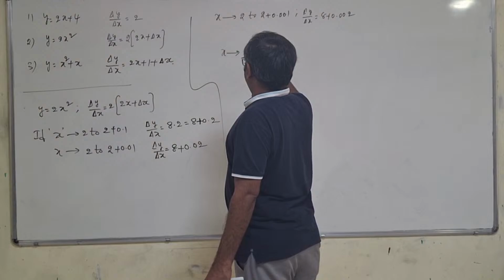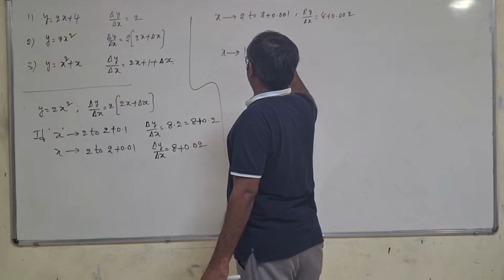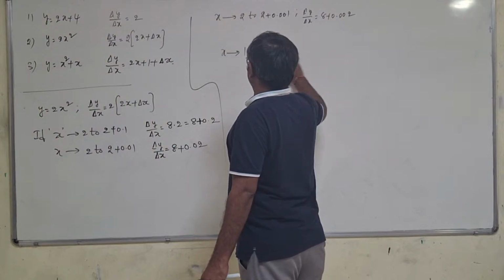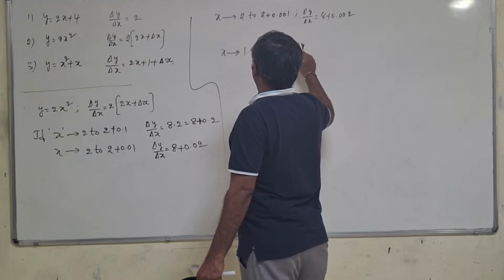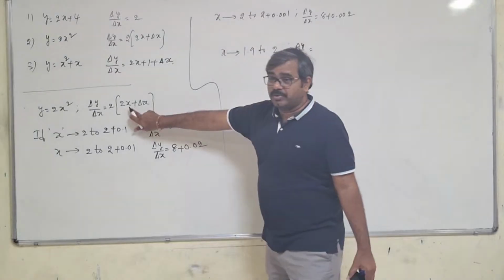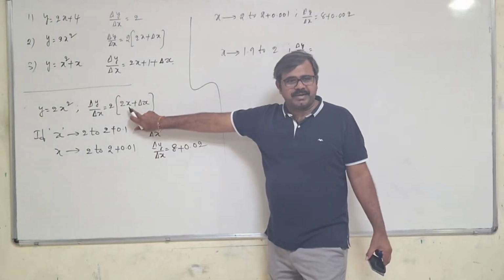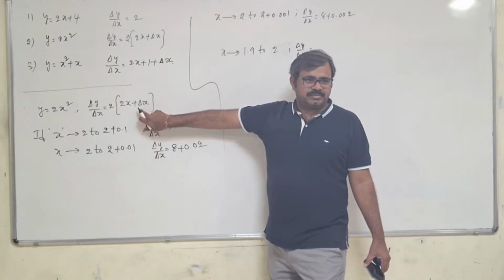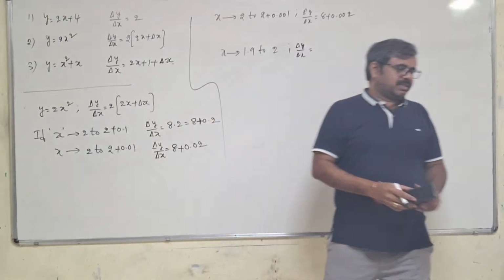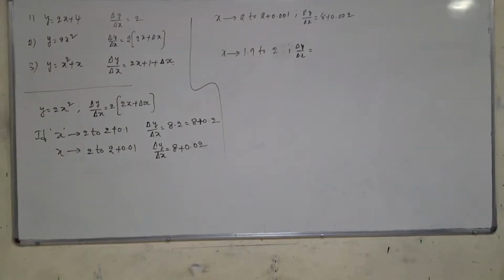X changes from 1.9 to 2. When x changes from 1.9 to 2, x is equal to how much? 1.9.